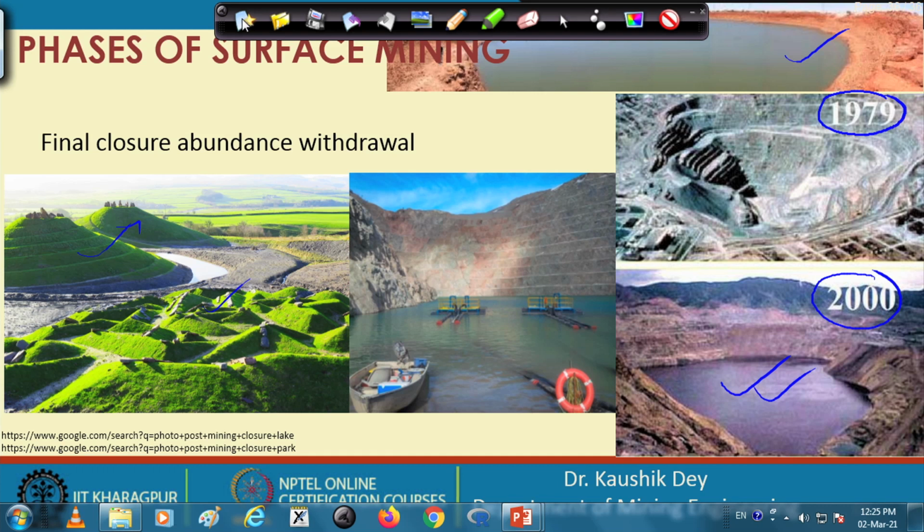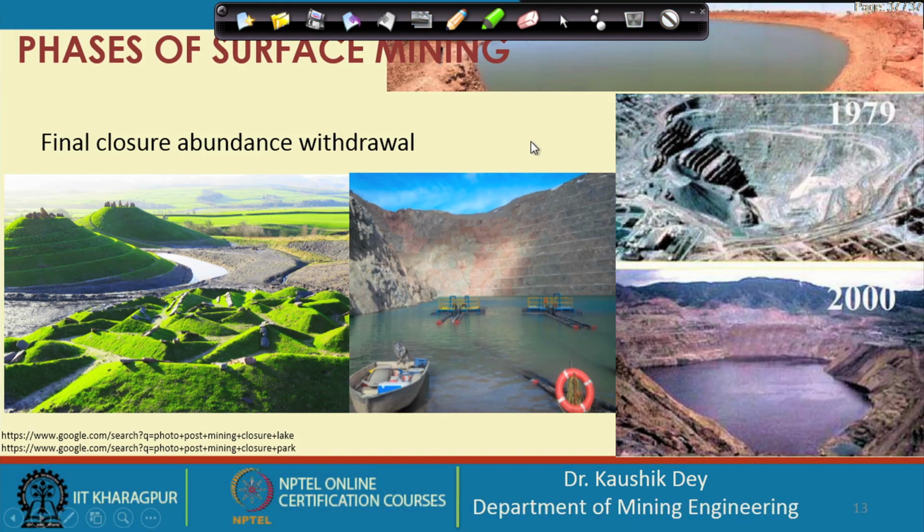In fact, in India also some of the Tata Steel mines are converted to a plantation park, with economic plantations, those things are converted beautifully for post mining land use.